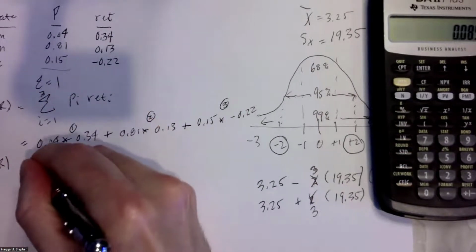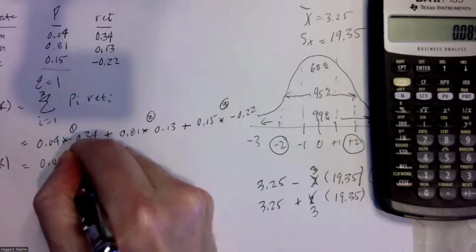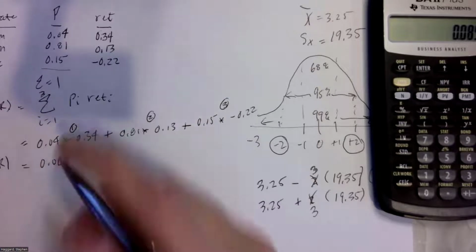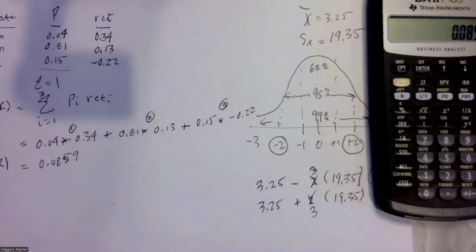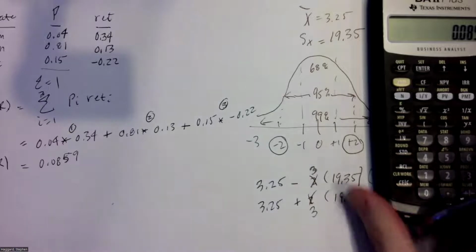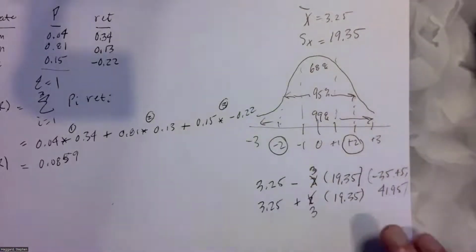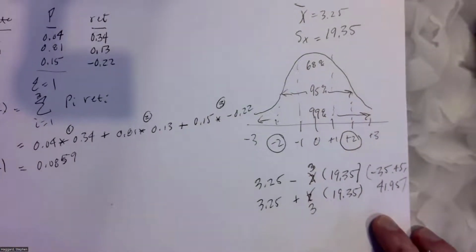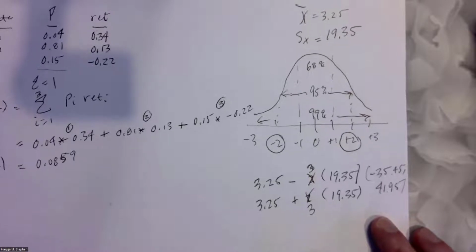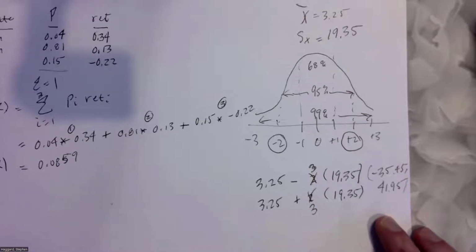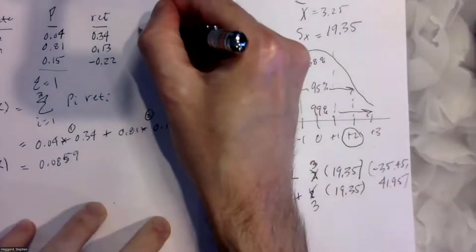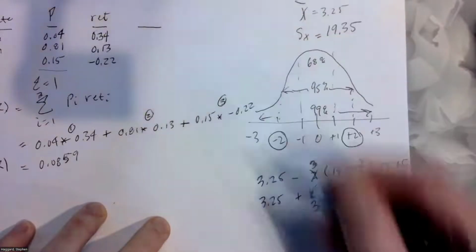Okay, so 0.0859. Now, Mr. Jaquez, can you tell me what you think the next step is going to be? Do we square it? You're getting close. What do we have to do before we can square anything? Subtract.